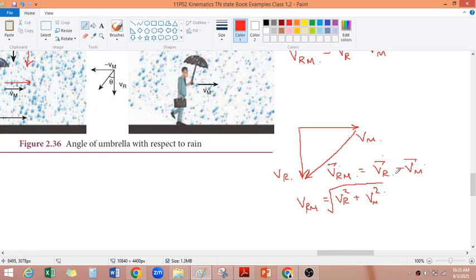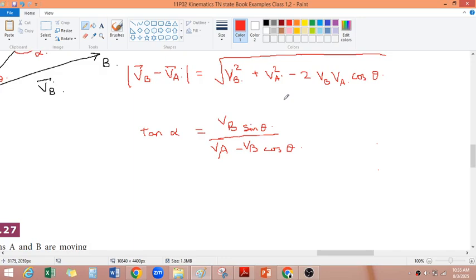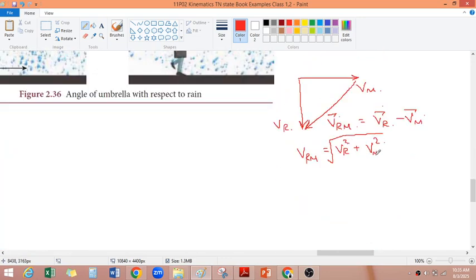If I go back and apply the formula we studied earlier, you get the same thing: Vr squared plus Vm squared minus 2 Vr Vm cos theta, where theta is the angle between the two vectors. It is cos 90, which is 0, so that term goes away.